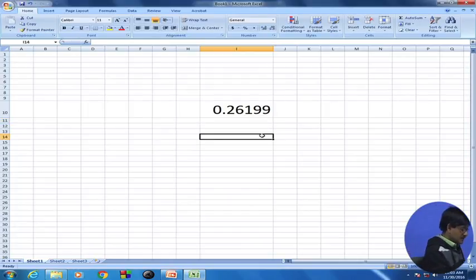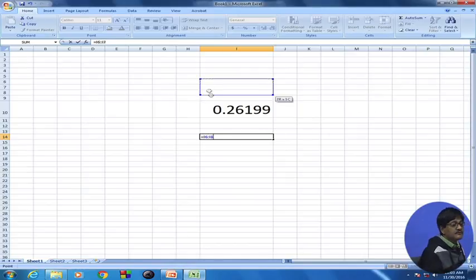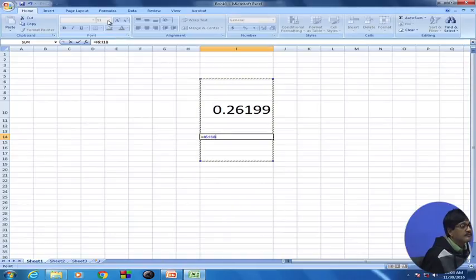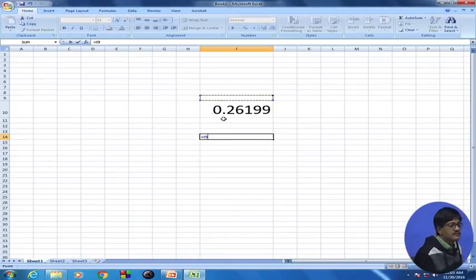Let us do the next part of it. Why do we not have large font for all of them? Okay, let us do it.